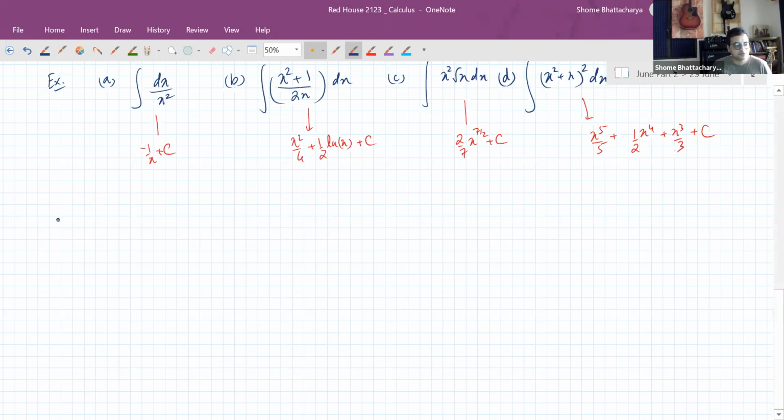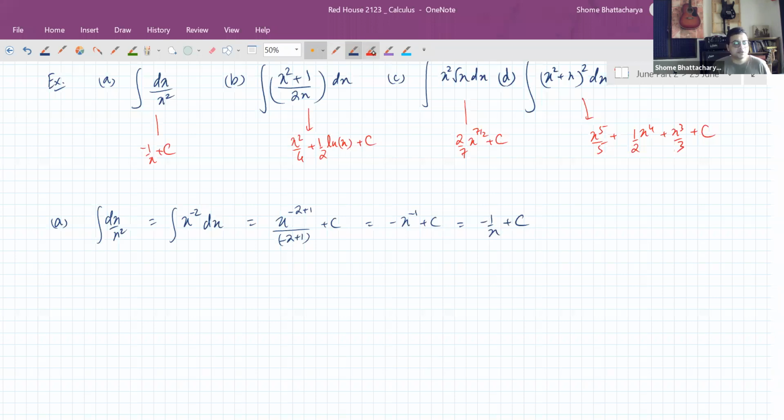So for example, for the first one, dx upon x square, you have to express this as a power of x in the numerator and then apply the formula x to the power n plus 1 upon n plus 1, plus c. As you can see, that becomes minus of x to the power minus 1 plus c, or you can just express it as minus 1 by x plus c.